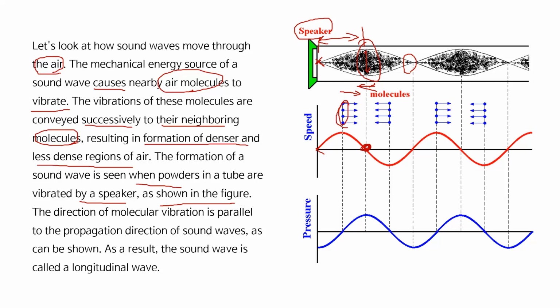So these patterns of speed are continuously formed through the media, and the pressure is highest at this position because we have more molecules here, so largest pressure, and at this position there's no molecules, so it shows the lowest pressure compared with the average pressure.